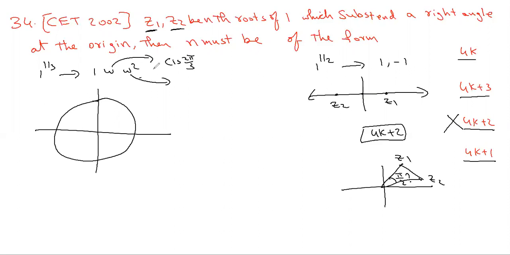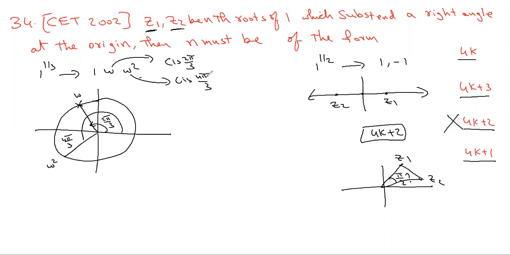And omega square, if you want, you can convert that into polar form and check. This is cis 4 pi by 3. That means omega is here, and the inclination of that is 2 pi by 3. And omega square is here, so this angle is 4 pi by 3.